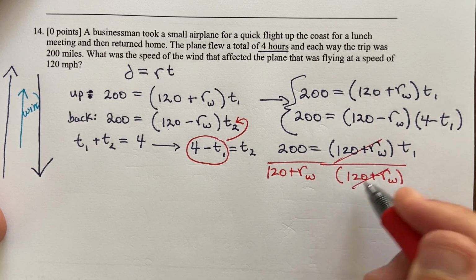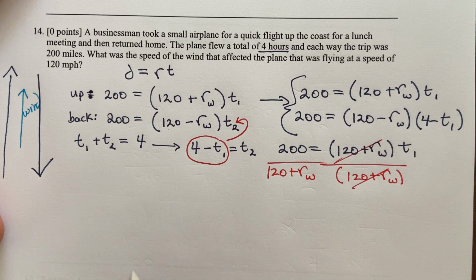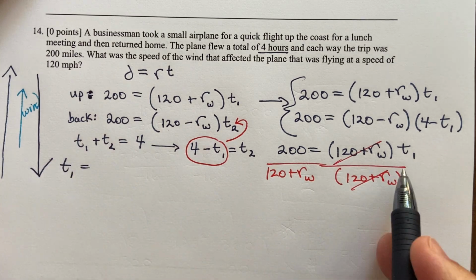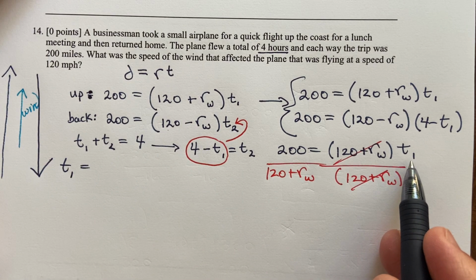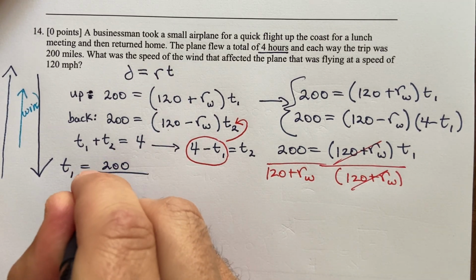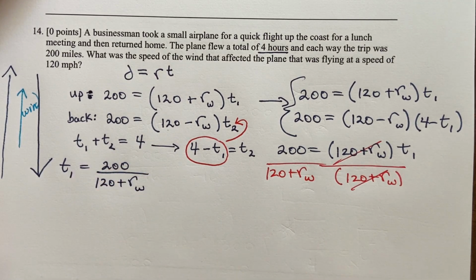So they cancel on the right, and that would leave T sub 1 equals 200 over 120 plus R sub W.